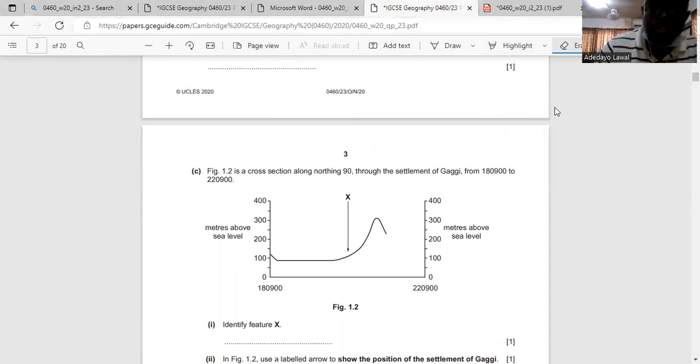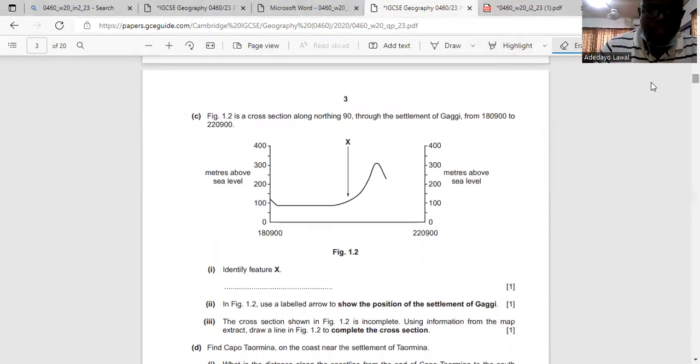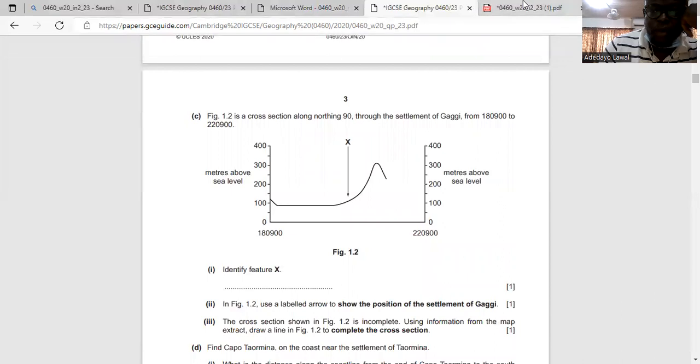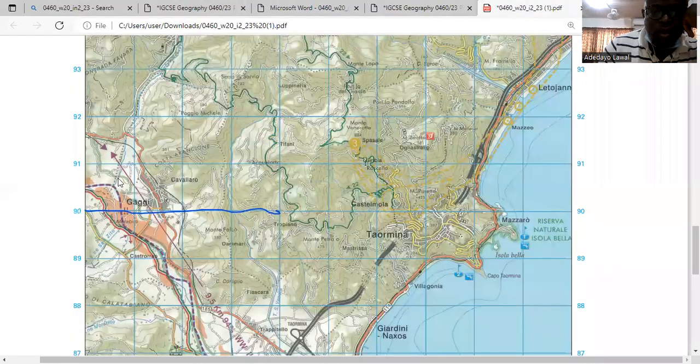These are the questions. So they expect you to identify X. You need to know where these two points are. Like this is 1809990. It's a point, and 220990. Two of them are points on the map. So go to the map and locate 1809990.